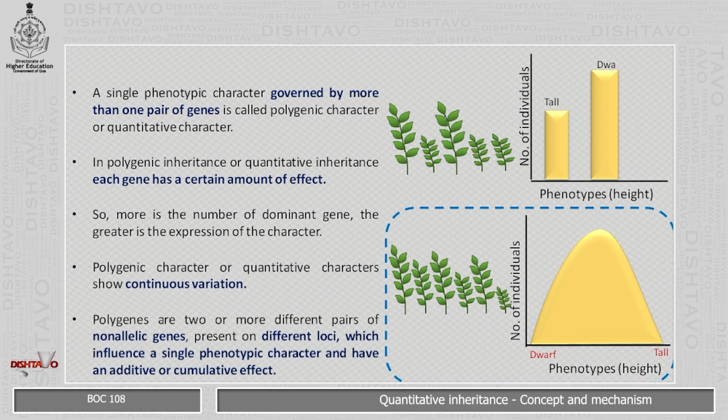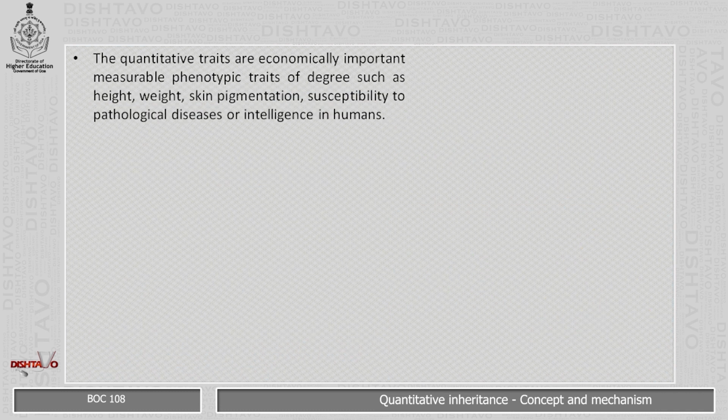Polygenes are two or more different pairs of non-allelic genes present on different loci, which influence a single phenotypic character and have an additive or cumulative effect. The quantitative traits are economically important.